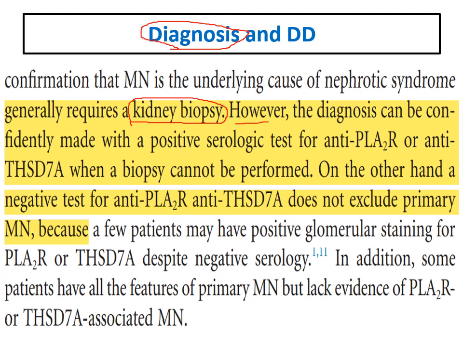However, nowadays, with the implementation of serological tests, we might not need a renal biopsy. A renal biopsy is not essential to diagnose membranous glomerulonephritis if we have a positive serological test, either positive serology for anti-phospholipase A2 receptor or antibodies against thrombospondin antigen.